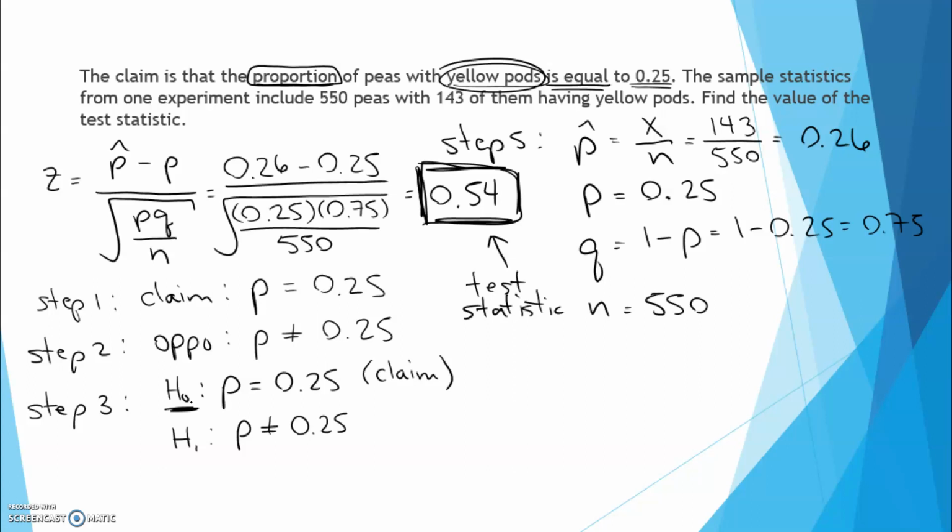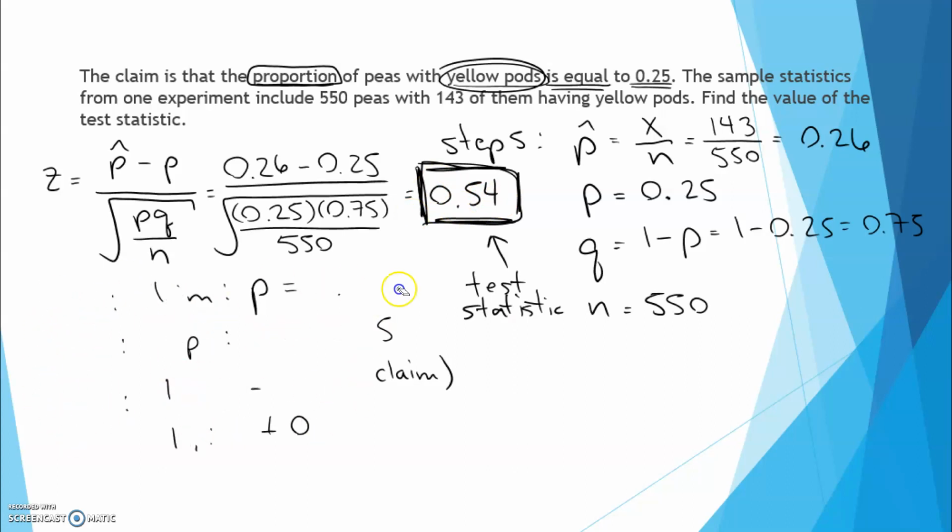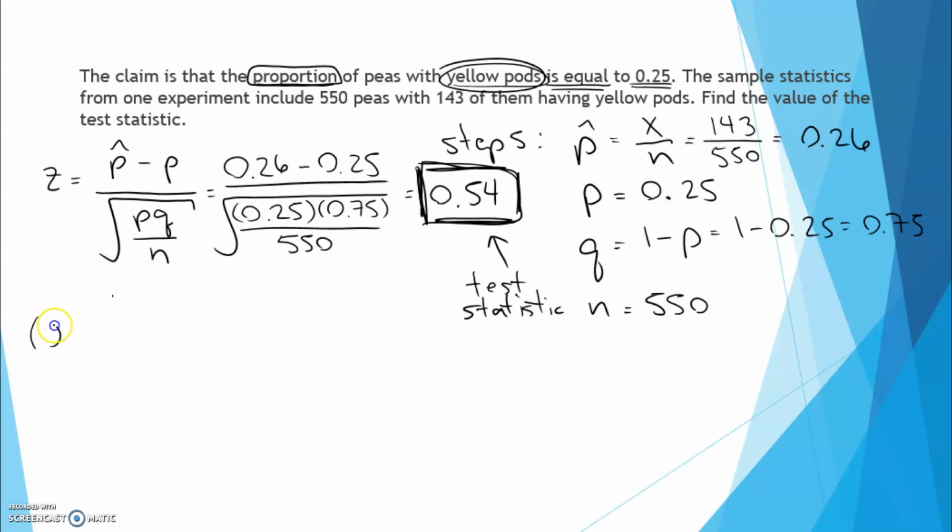Now on your calculator, if you're having problems getting this 0.54, what I would do, let me erase some of this. Okay. So I would open parentheses, 0.26 minus 0.25, close them. Okay, divide. Open the parentheses, hit the square root button.